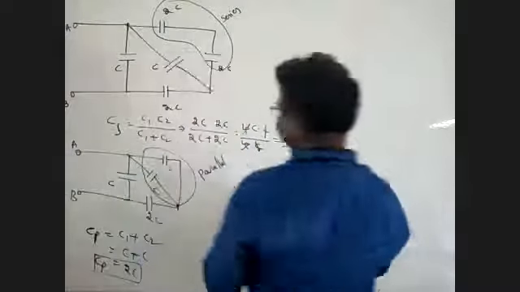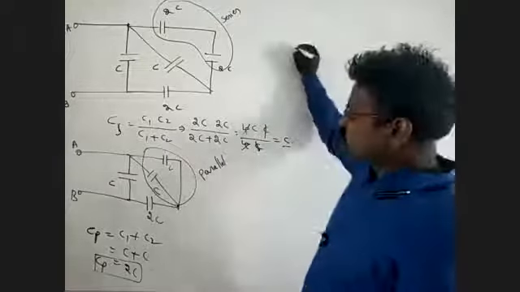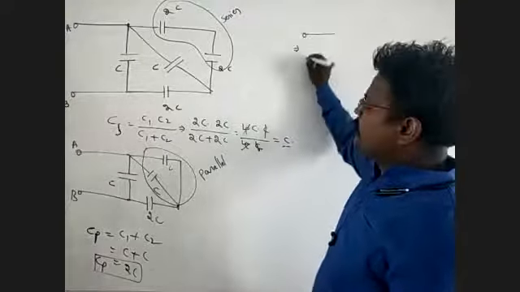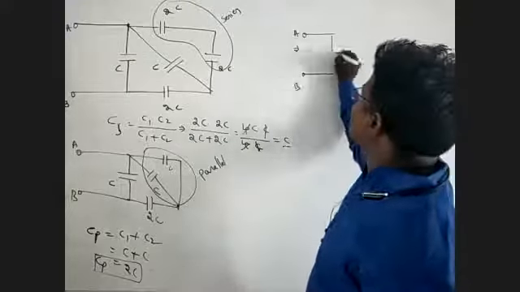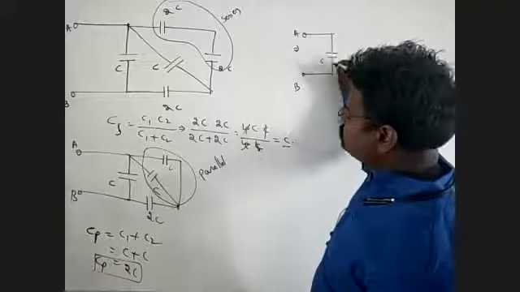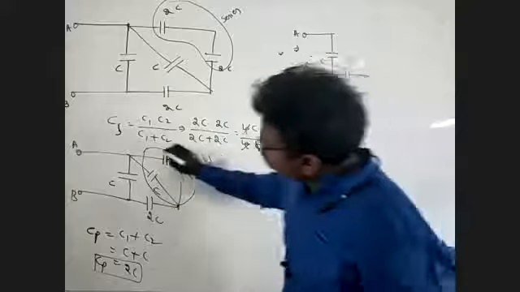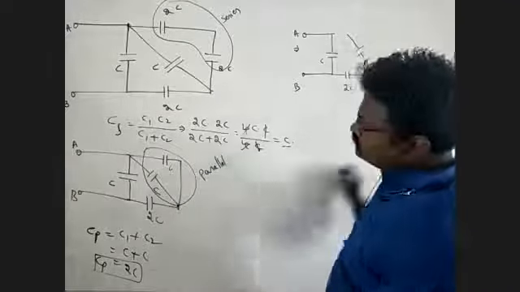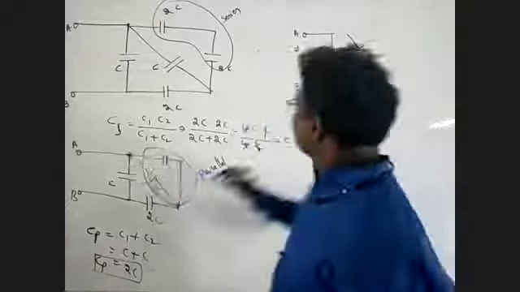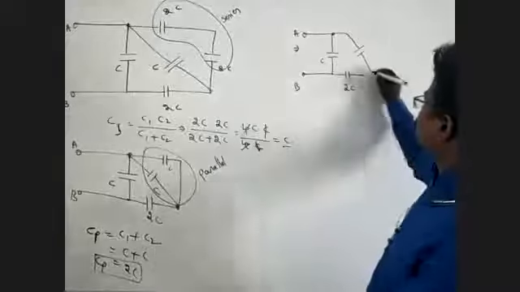Now again I'm going to draw the circuit. A terminal, B terminal. This is a C capacitor and this is a 2C capacitor. These two combine to form a single capacitor. One end is connected at this point, and the second end is connected to this capacitor.